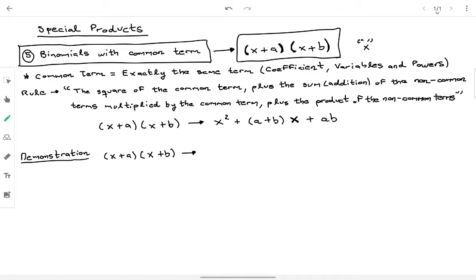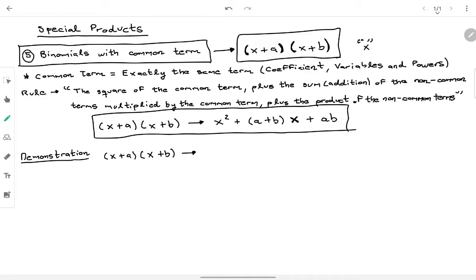That will be something like this: x plus a that multiplies x plus b. It will be x squared, that is the common term squared, plus the addition a plus b multiplied by the common term x, plus the product or multiplication of the non-common terms, a times b. And that's the specific formula.